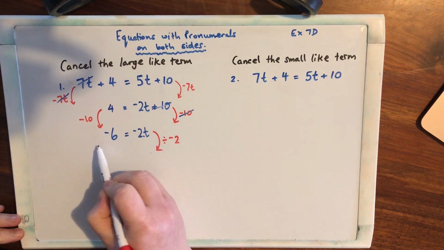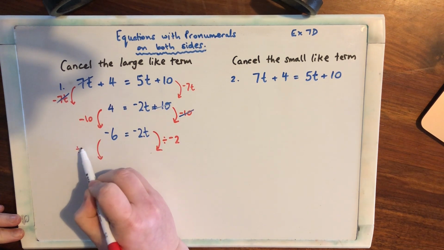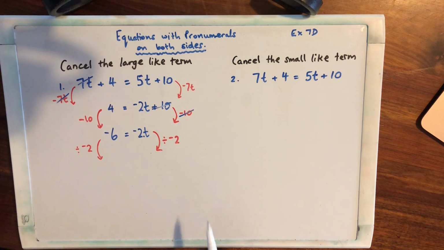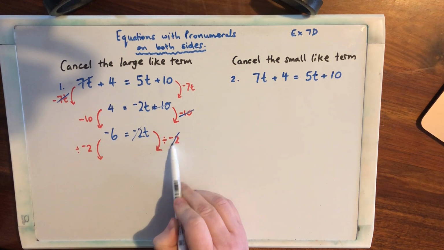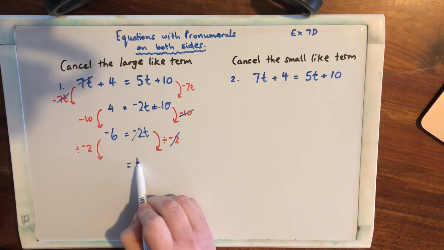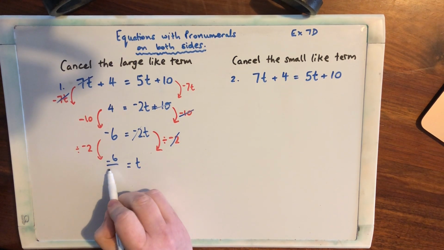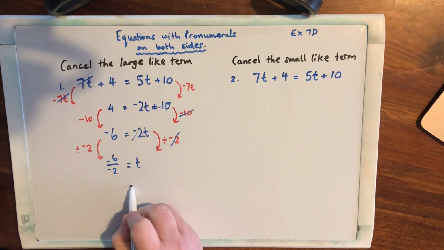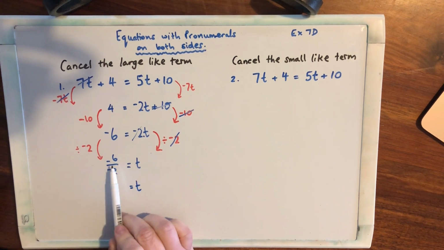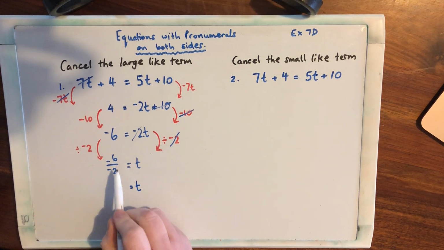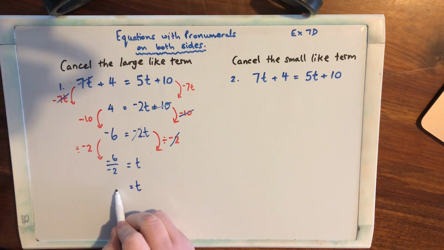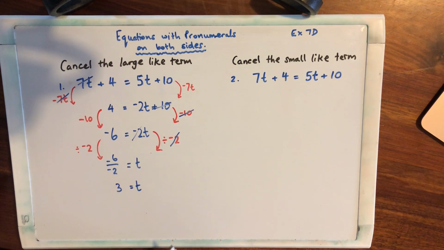Whatever I do to this side, I have to do to this side. This negative 2 cancels out with this negative 2, and we're just left with the one pronumeral, the desired pronumeral. Negative 6 divided by negative 2 is going to be a positive number, because any negative divided by a negative is a positive. So 6 divided by 2 is 3. So we know now that 3 equals t, or t equals 3.